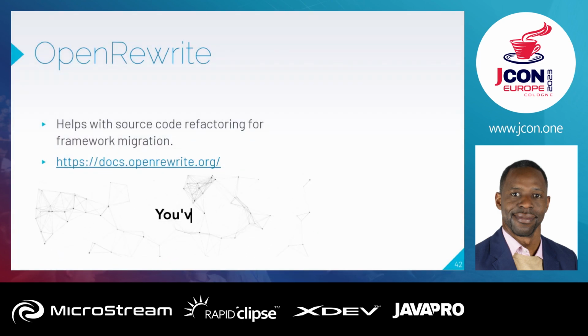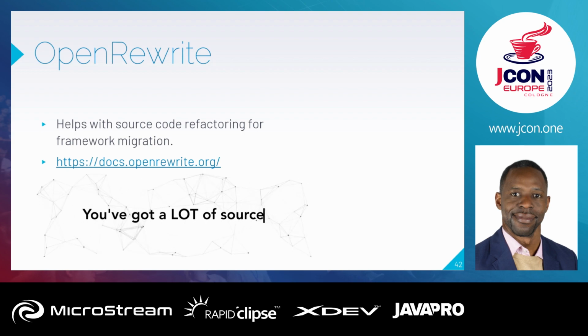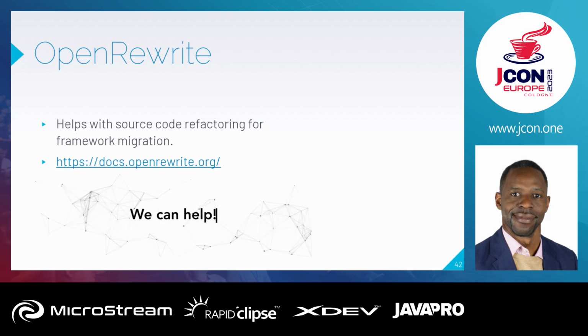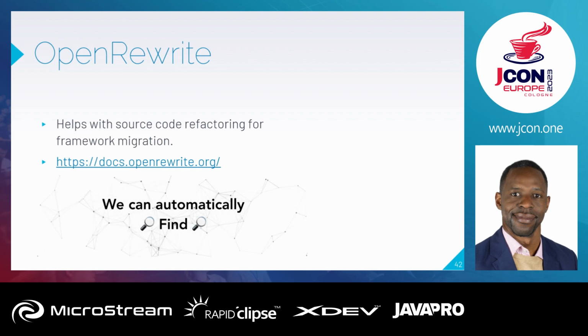Yesterday I heard about Open Rewrite, so I included Open Rewrite. For those who have big applications that need to migrate, Open Rewrite is a good automation tool that will do the refactoring of your code.